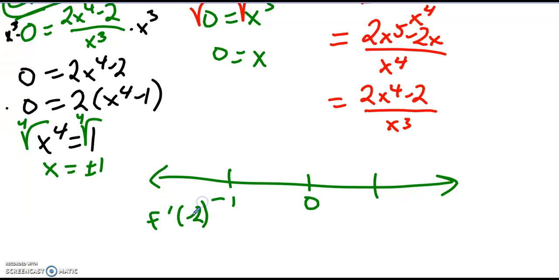I'm going to put -2 in because that's below -1. Something in between 0 and -1. Something in between, sorry, that did not write very well. Let me erase that. Something in between 0 and 1 here, again into our derivative, so I'll do just 0.5 in this case, and then something above 1.